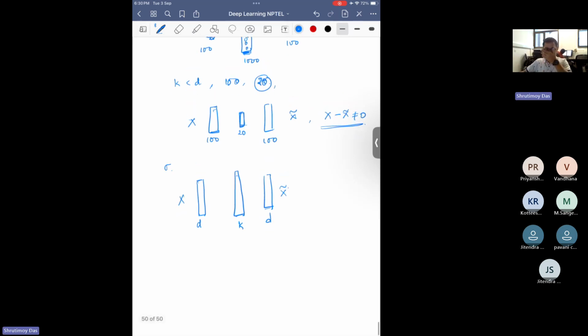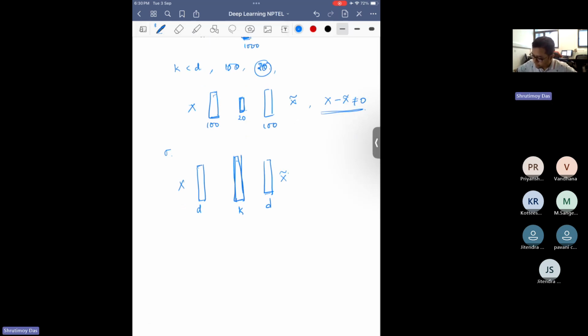So when you're talking about conventional neural network training, what do you do? You have some x, you pass it through some hidden layers, and then you go to the output layer and give some output.